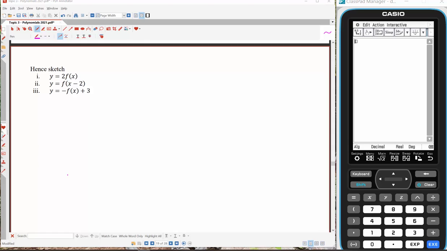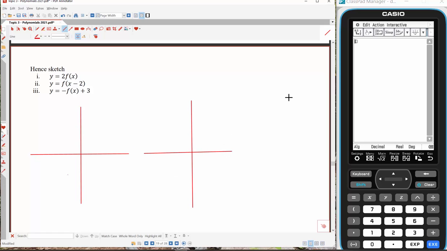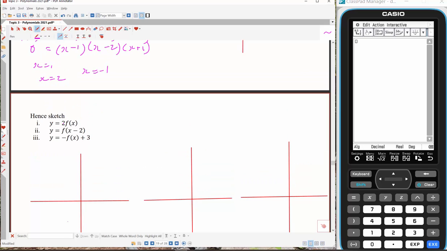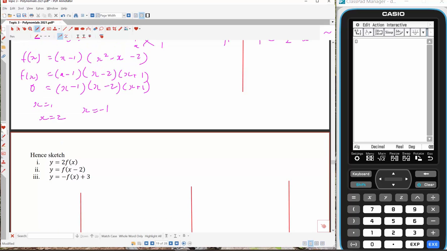Right, hence sketch 2f of x, f of x take 2, and negative f of x plus 3. Alright, so let's draw 3 Cartesian planes. Okay, 2f of x. So the original function, this here is a dilation factor 2 from the x-axis.